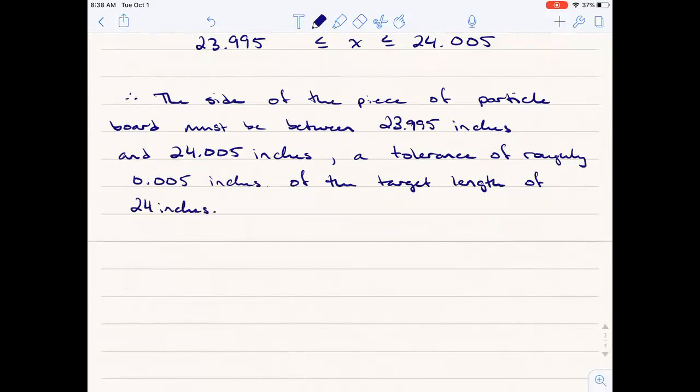Remember, we were aiming for 24 inches. So it has to be 24 inches, give or take 0.005 inches. Okay. Any questions about that one? No?